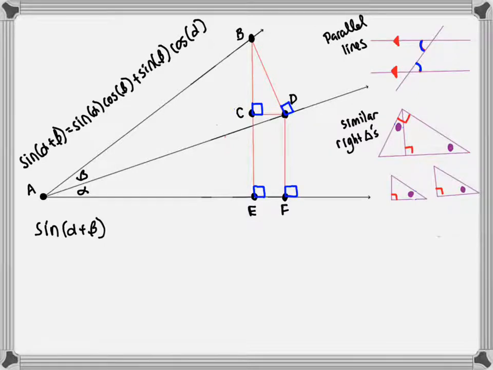Two bits of information that we're going to need to review are parallel lines and alternate interior angles. Two parallel lines cut by a transversal are going to give us alternate interior angles that are congruent, and similar right triangles.